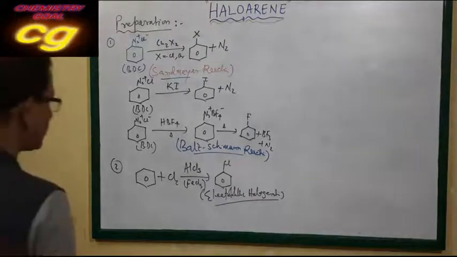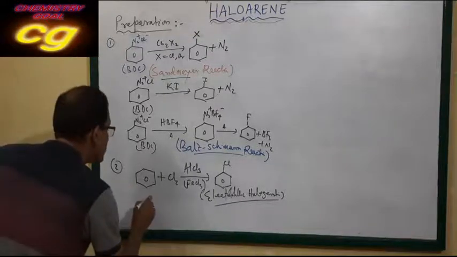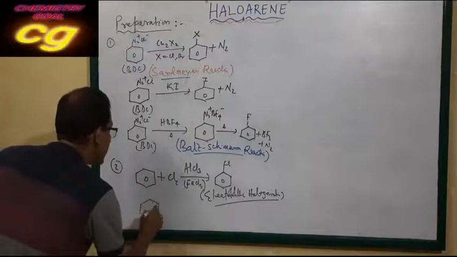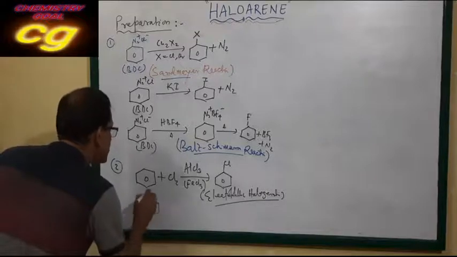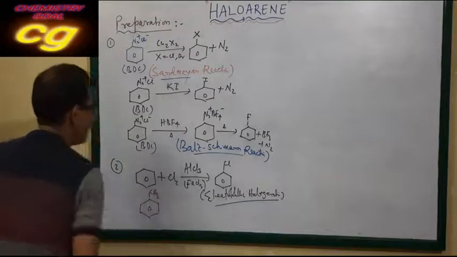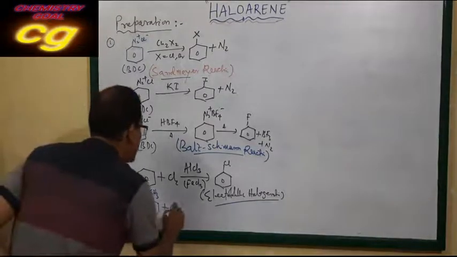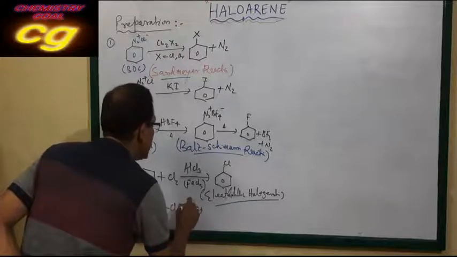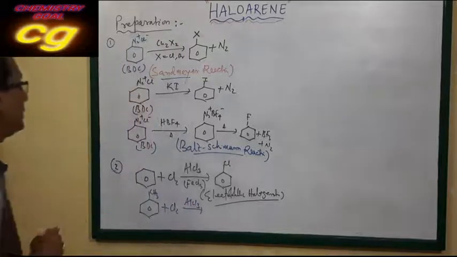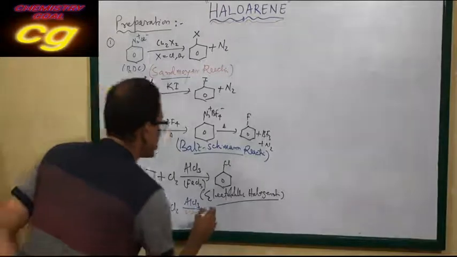Another step you can use is substituted benzene. Suppose this is toluene, it is also an aromatic hydrocarbon. If you take the same chlorine in presence of aluminum chloride, it produces an ortho-para product.